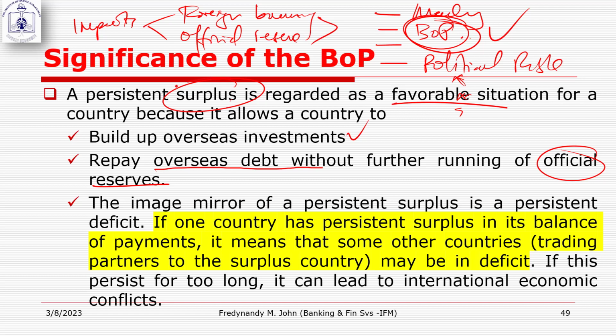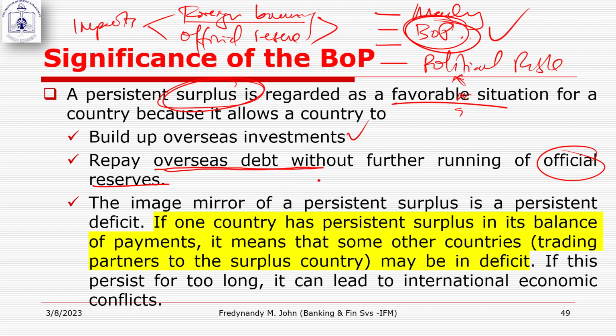But if the balance of payment is in surplus, then you do not have to use the official reserve to repay your foreign debt. You will simply use the excess funds that you have. And if it is even more of a surplus, a fatter balance of payment account, then there won't be any need for you even to borrow funds from abroad, because you're kind of self-sufficient.